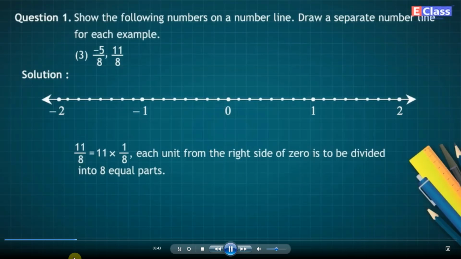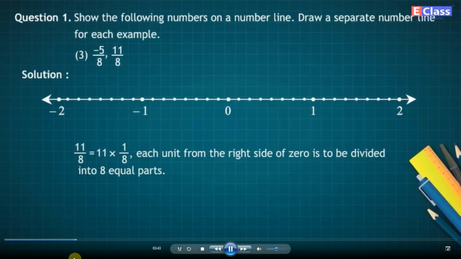11 by 8 is equal to 11 multiplied by 1 by 8. Each unit shows 11. A number line. Solution. Let us draw a number line.